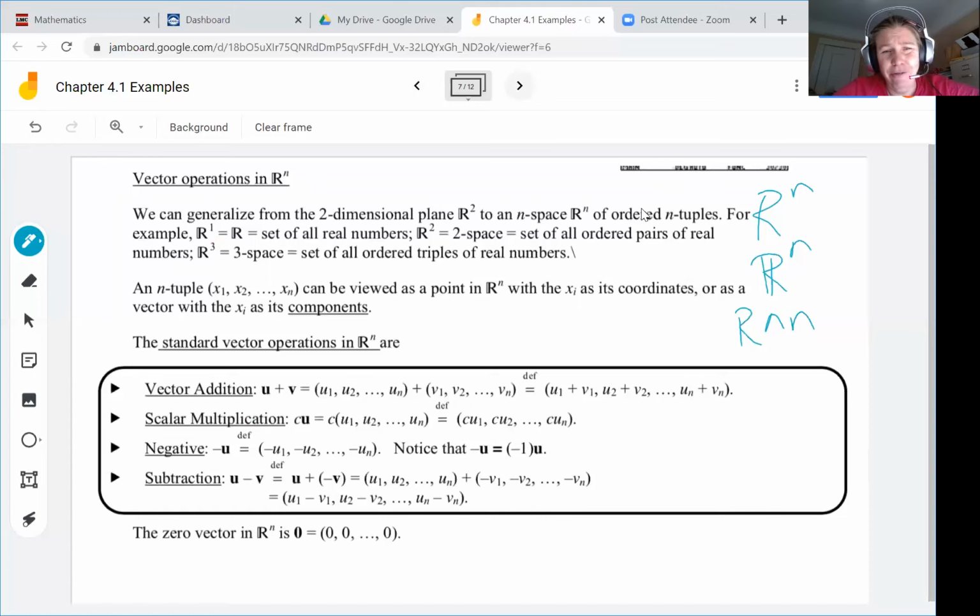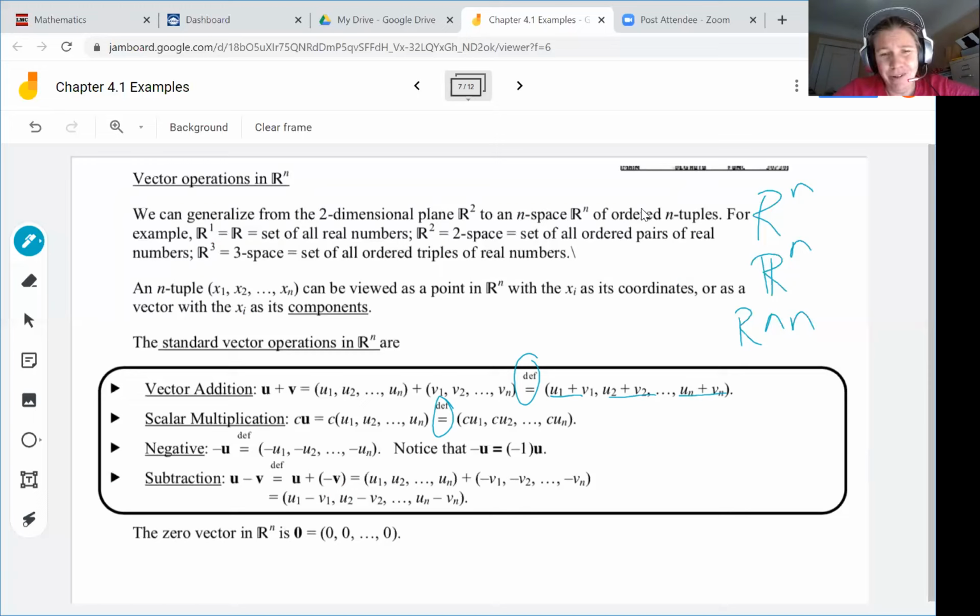So the standard vector operations in Rn are the same as we saw in R2, and you can see how these definitions are just extensions of what we saw in the plane. So vector addition, it's still component-wise. You're adding u1 plus v1, u2 plus v2, all the way through the nth components, un plus vn.